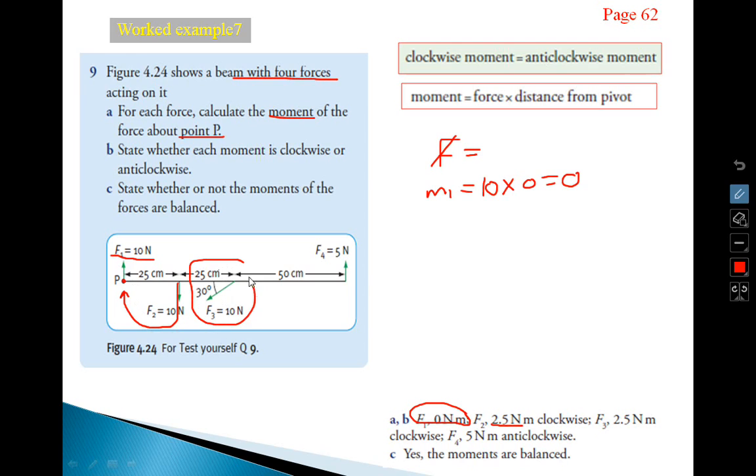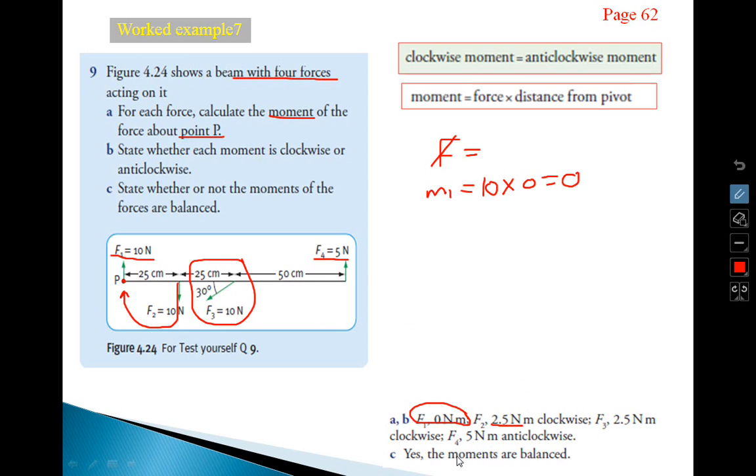The second one is different. Or the third one. The fourth one is easy. The moment of number 4 is force 5 times distance. Distance is 25 plus 25, 50 plus 50, which is 1 meter.